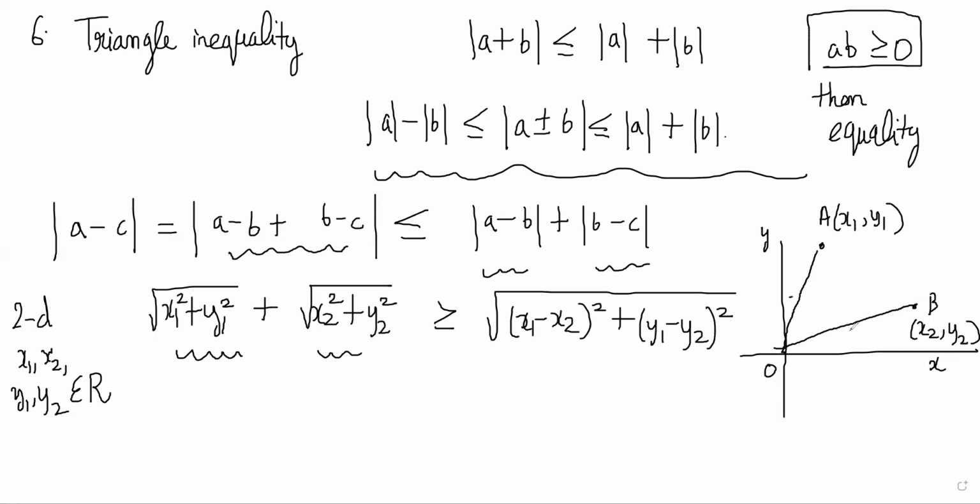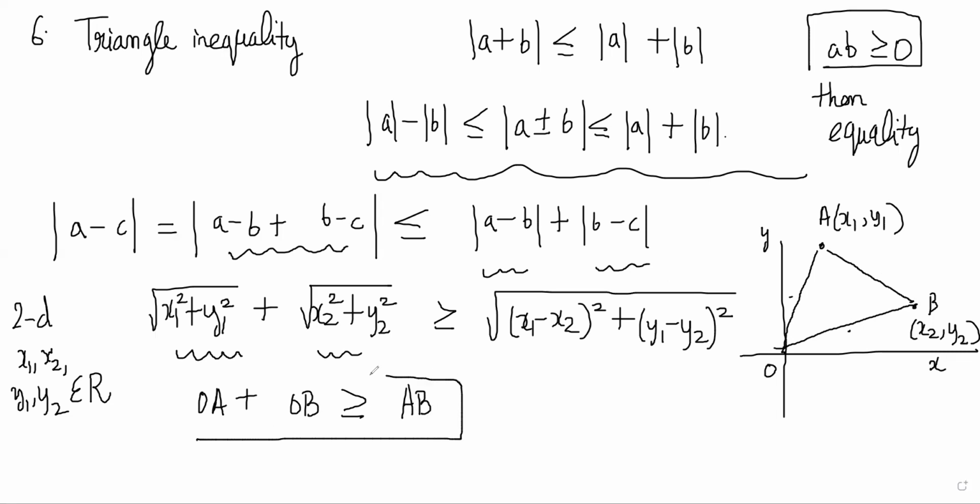So OA and OB is this. So we are saying OA plus OB is greater than or equal to, what is this? This is AB. OA plus OB is greater than or equal to AB. So basically this means that the sum of the two sides of the triangle is always going to be greater than or equal to the third side. So that is the triangle inequality in two dimensions.